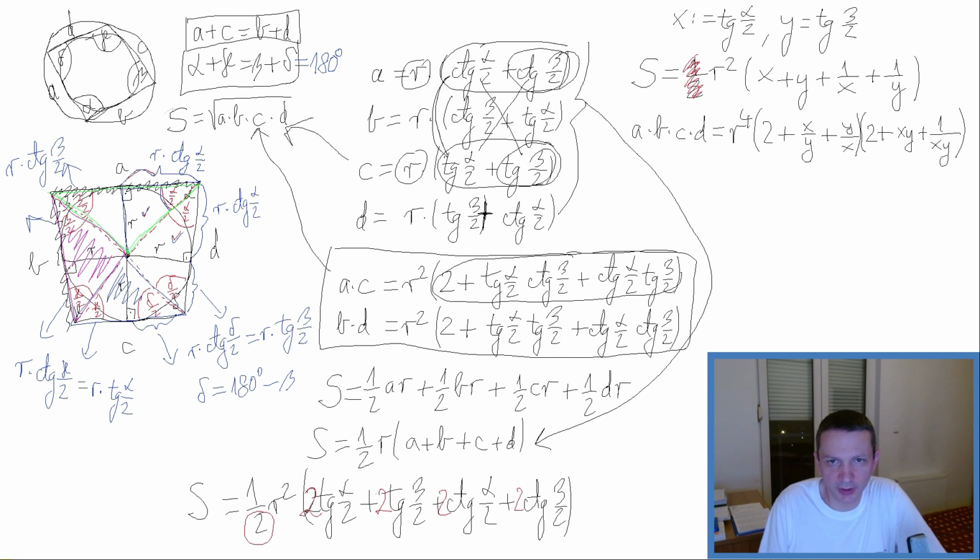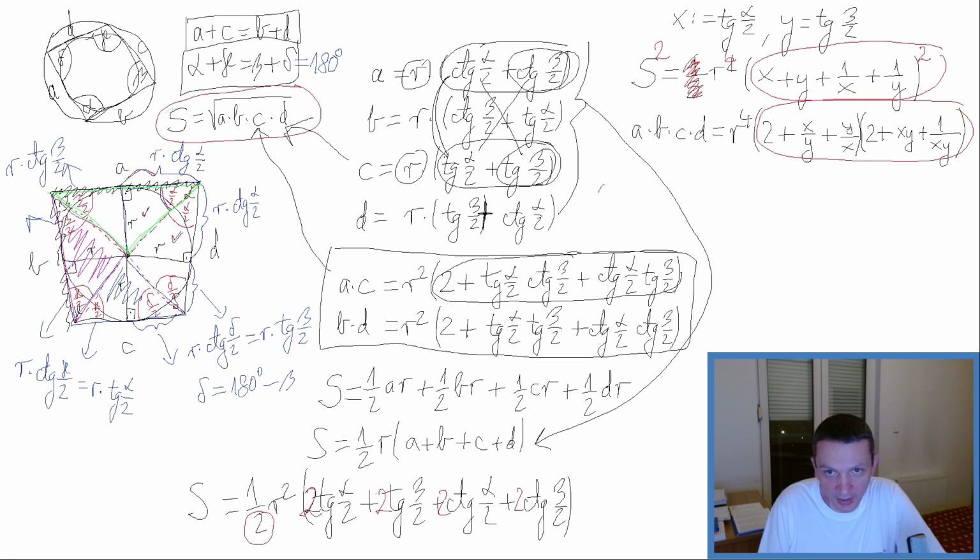And so we actually claim that S squared, which will be this to the 4th and this squared, is equal to that product. In such a way we will prove that S is the square root of the product. So we actually need to show that this is equal to this.